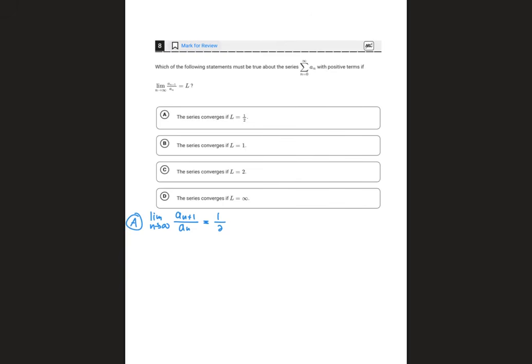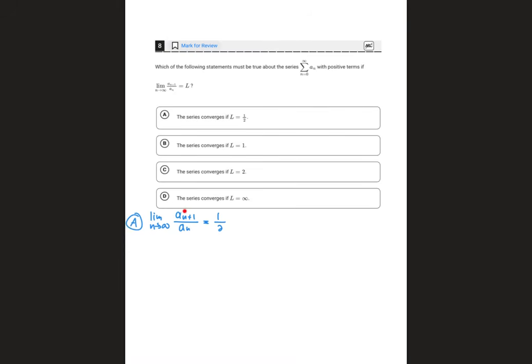At some point when n goes to infinity, maybe when n is a trillion or a quadrillion and beyond, the ratio of these terms is going to be 1 over 2.